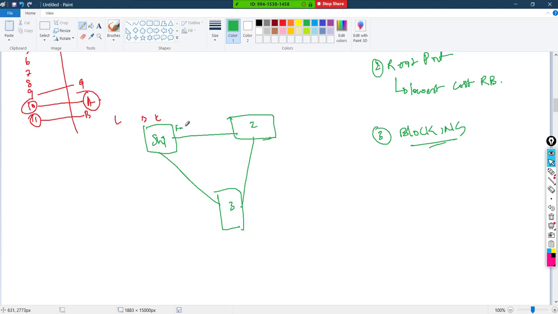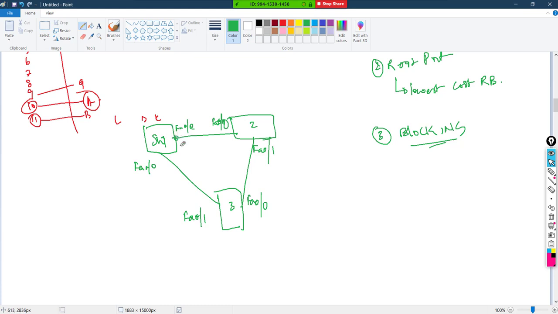Let's also assign some interfaces, 0/1 and so on.